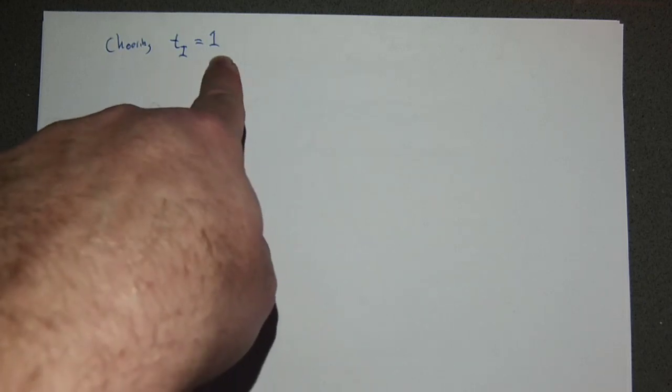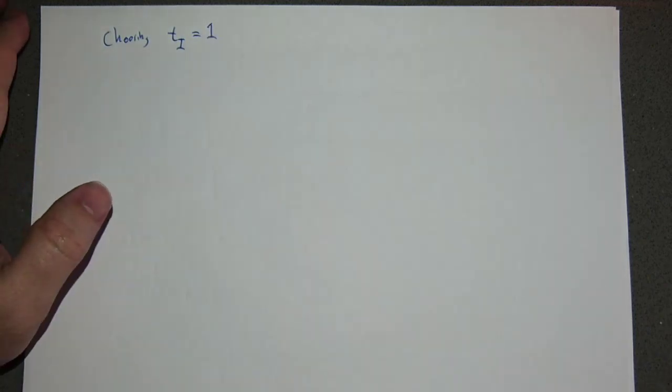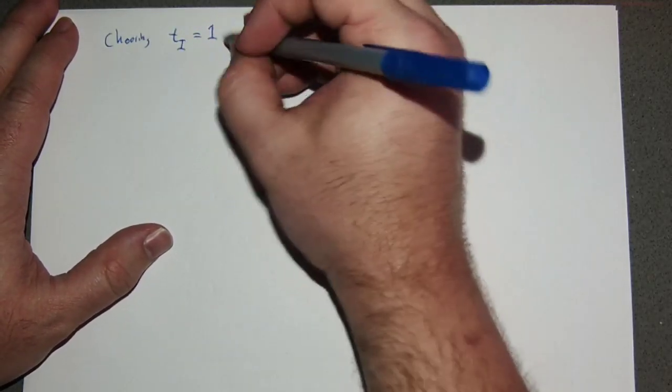So if I choose an initial time that's not 1, what I get is not going to be exactly the same particular solution that I got when I used variation of parameters, but it will still be a particular solution. So does this matter? Not really. The only reason this particular choice matters is because I want it to look as nice as possible. I want it to match the variation of parameters example that I did earlier. So that's why I'm making this choice, choosing this initial time to be 1.